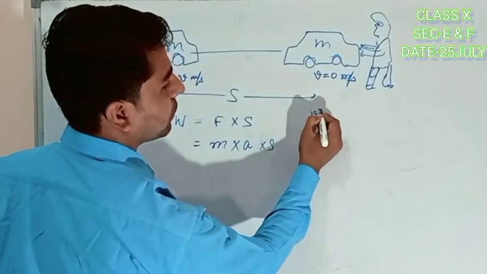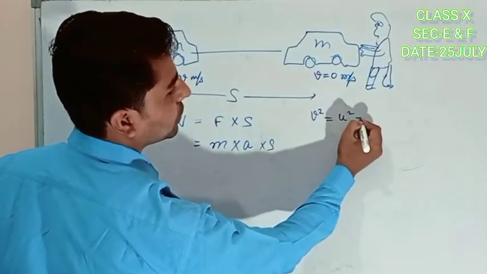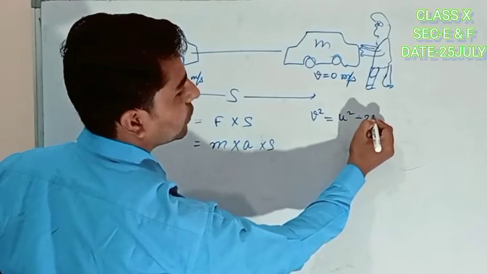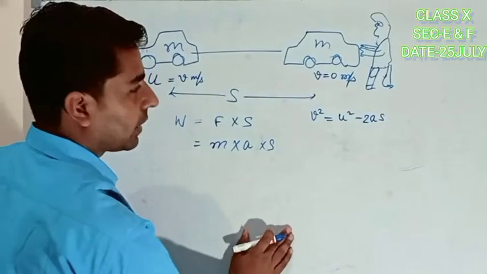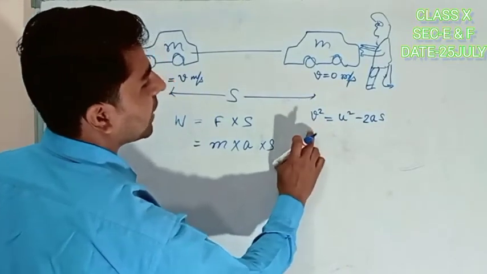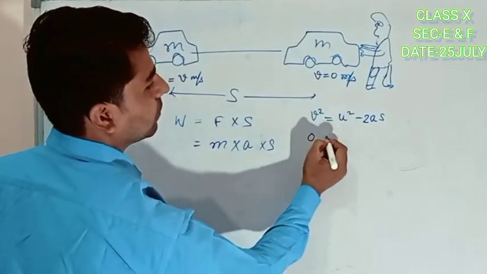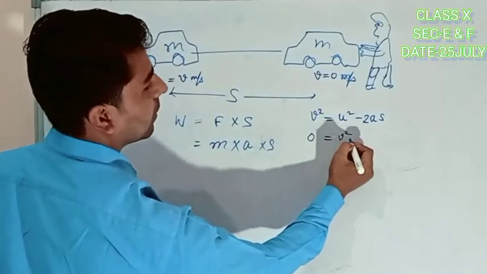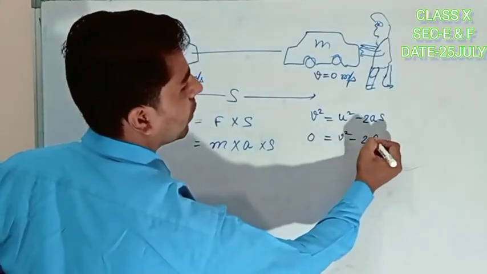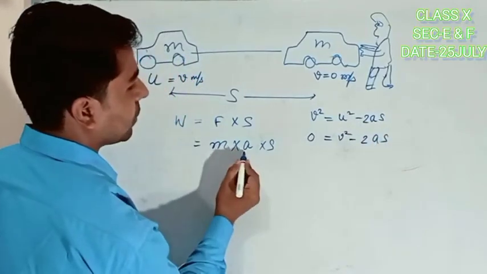By the third equation of motion, v square equals u square minus 2as. Why minus here? Because here it is retarding. So v square, the final velocity, is 0, and the initial velocity is v, so 0 equals v square minus 2as. What are we going to calculate? Acceleration.